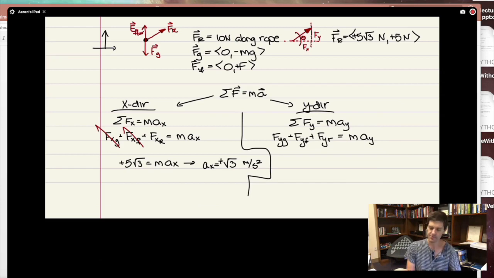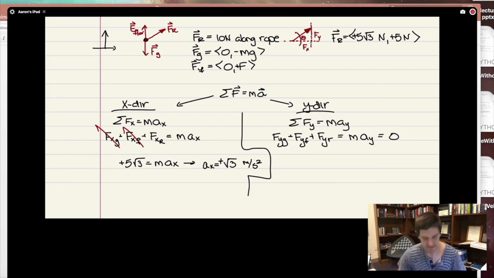And usually when you're dealing with normal forces and surfaces, there's an assumption being made that you are not leaving the surface. So it's assumed here that the box is not floating into the air or sinking into the ground while you pull it in the horizontal direction.